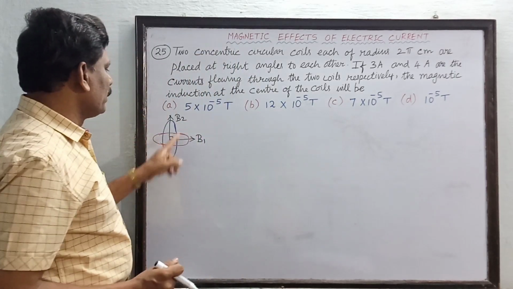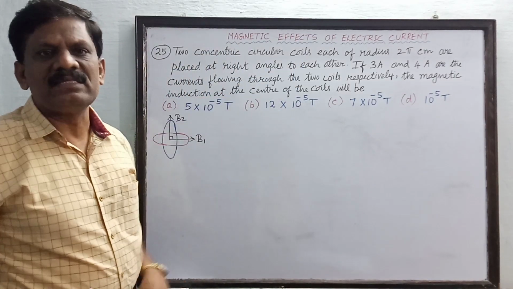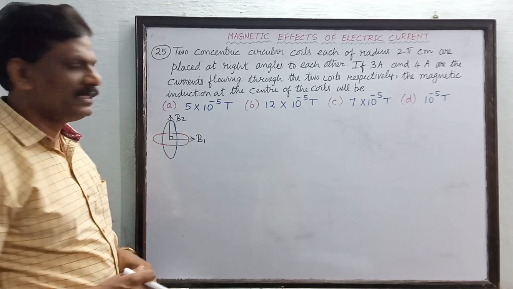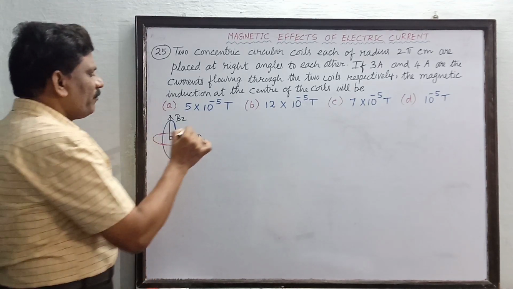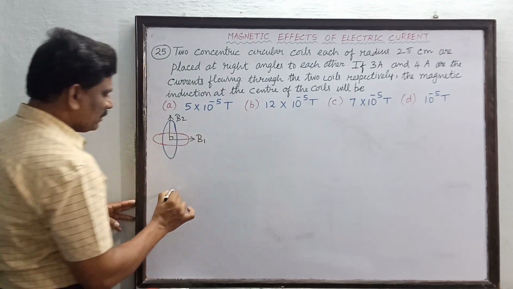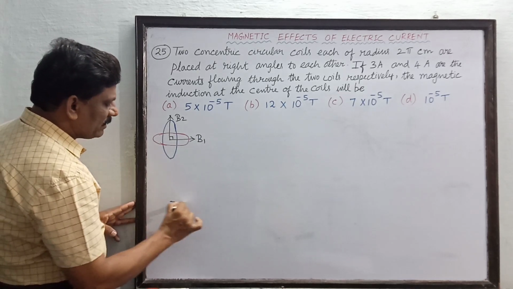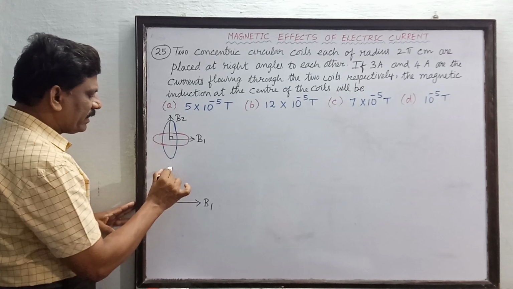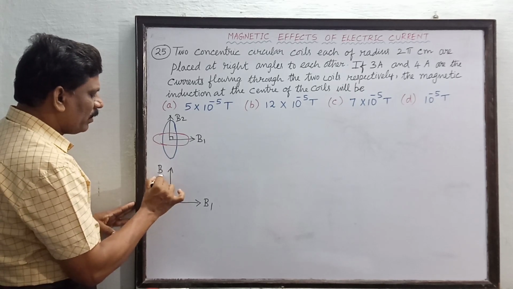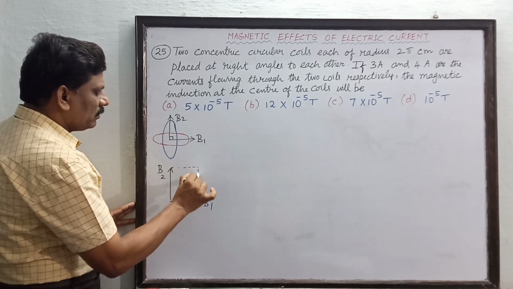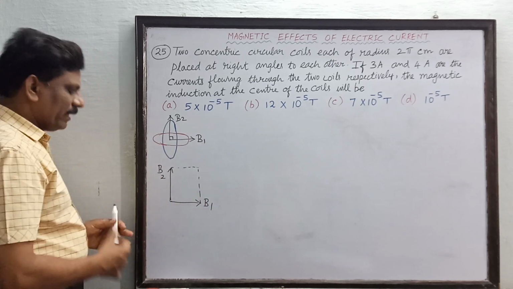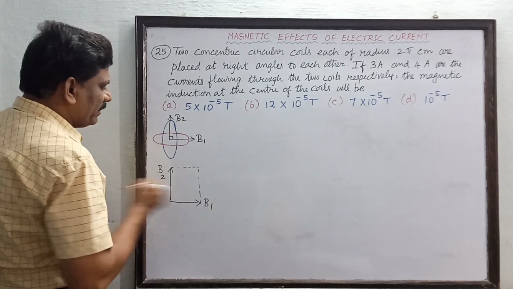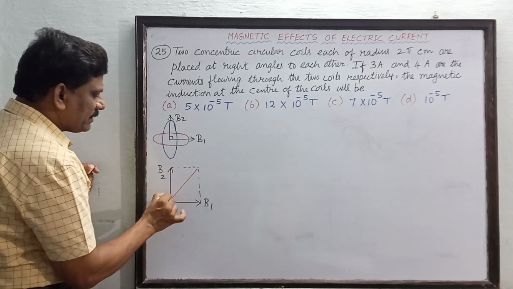Each circular coil has the same radius, that is 2π centimeter. If you use the parallelogram law, this is the direction of B1 and this is the direction of B2. Using the parallelogram law of vector addition, we can find the resultant field.